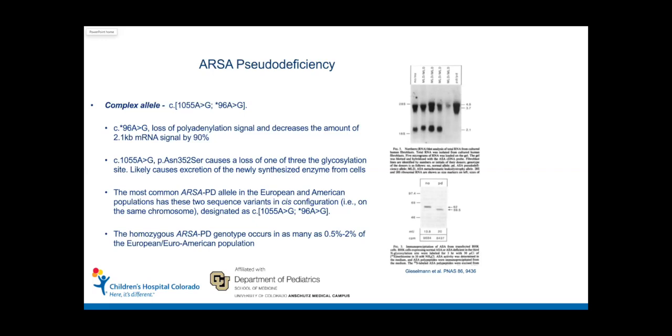It's got a loss of a polyadenylation signal that decreases the amount of one of the main forms of the RNA, and it has a loss of one of three glycosylation sites that probably leads to some mistargeting. So it's two changes that are in cis, on the same allele. It's this haplotype that together leads to reduced enzyme activity.